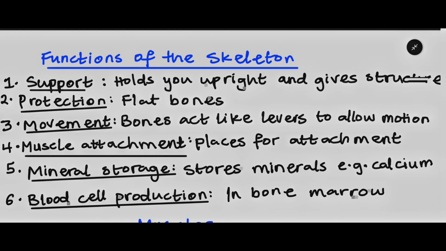Blood cells are produced in the bone marrow. This is important because, for example, red blood cells being produced help to carry oxygen around the body. And this is important for activities that are endurance based and rely on oxygen to provide energy for the body. So remember these 6 functions: support, protect, move, attach, store, and produce.